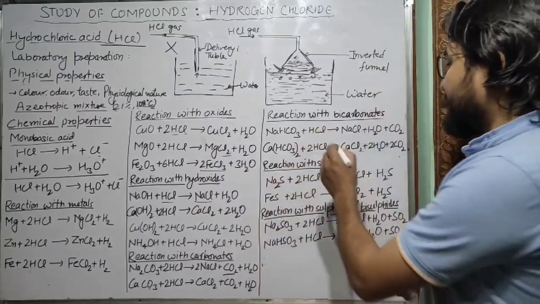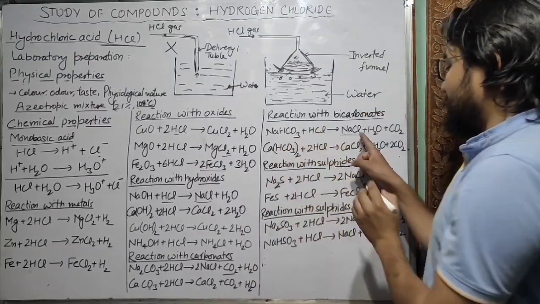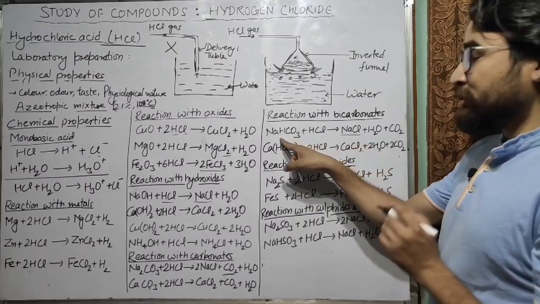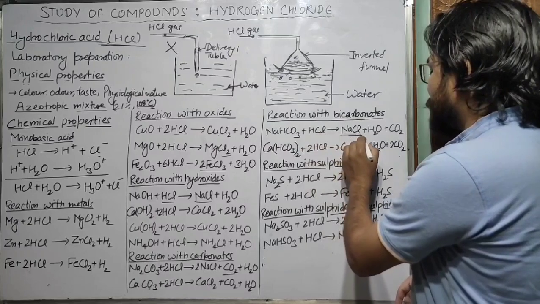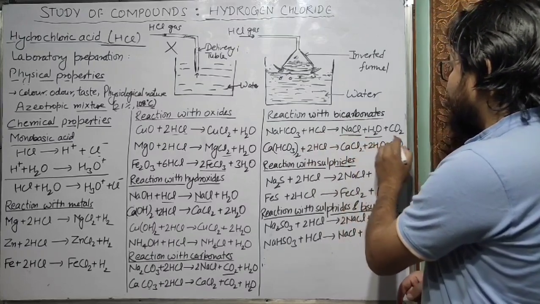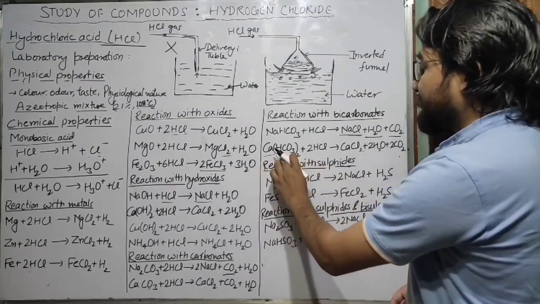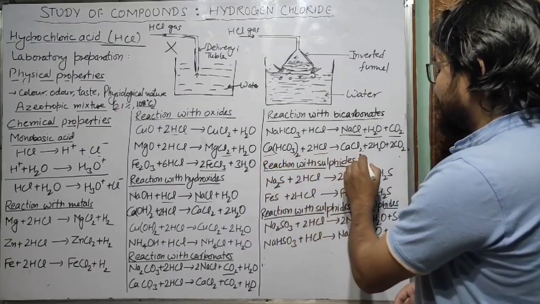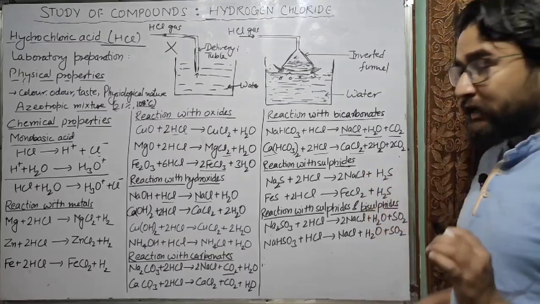Similarly, with bicarbonates of metals, it will form the corresponding chloride. So this is sodium bicarbonate. Sodium bicarbonate with HCl will give sodium chloride, water and carbon dioxide. Same case. Similarly, calcium bicarbonate will give calcium chloride, then water and carbon dioxide.